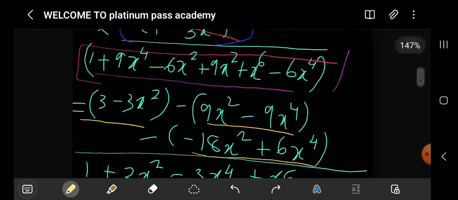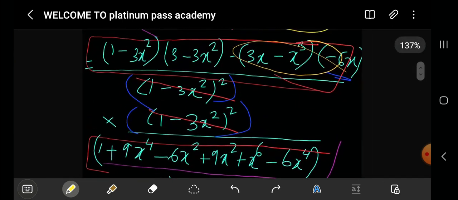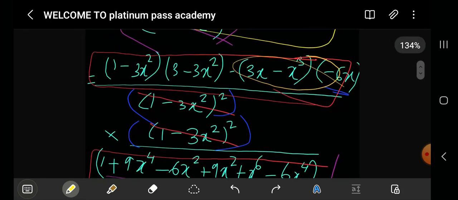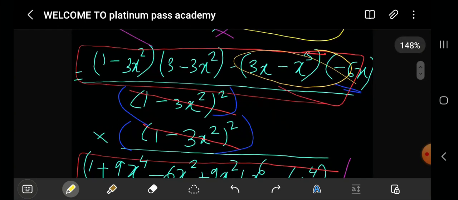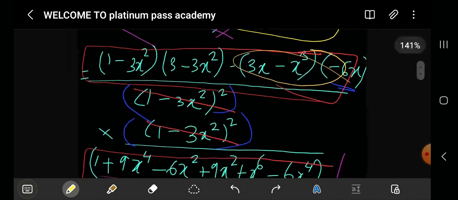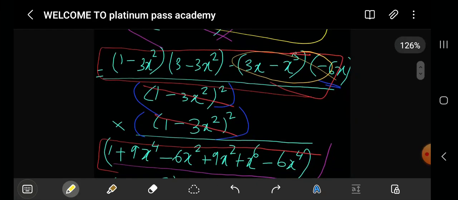This is the main reason, the main phase where students get their marks deducted, because the whole thing gets complicated and then the solution that the student gets is completely wrong. So please do the simplification carefully.